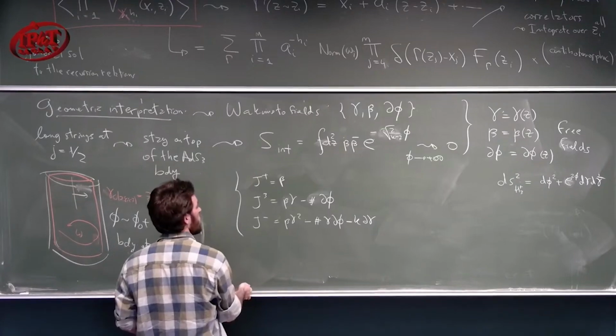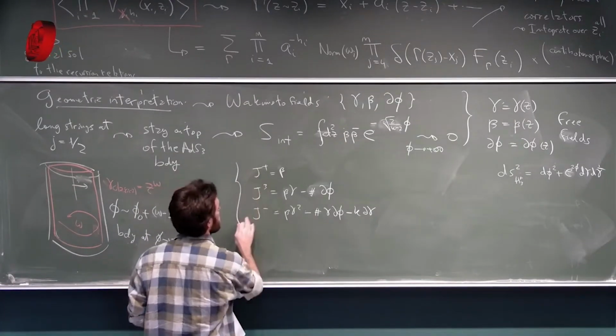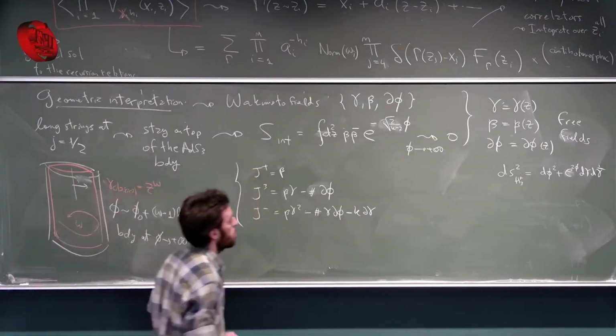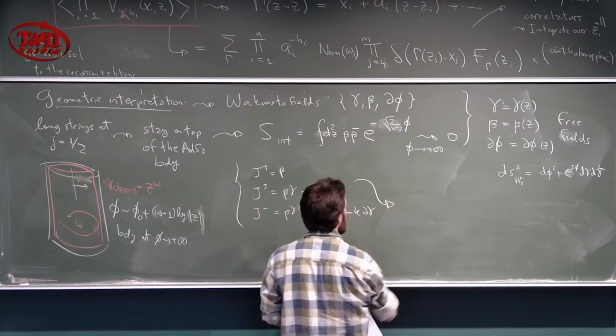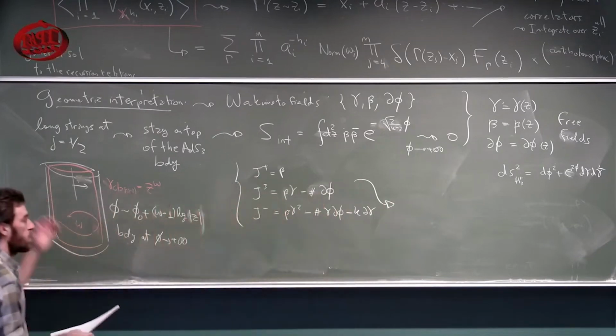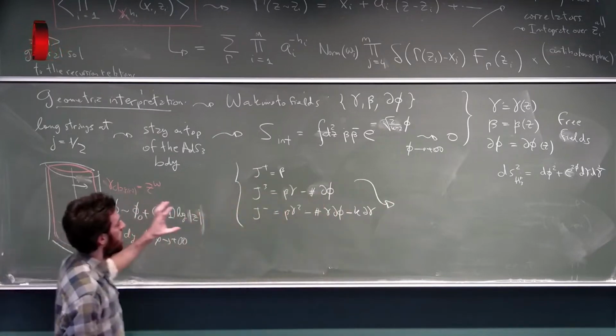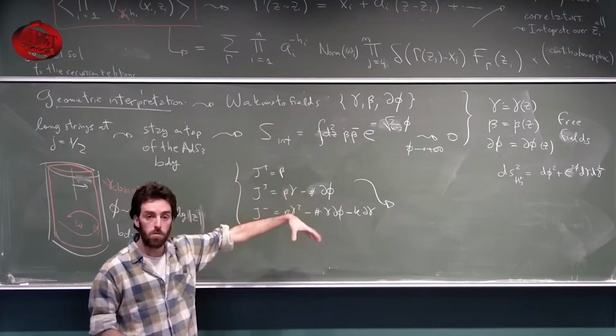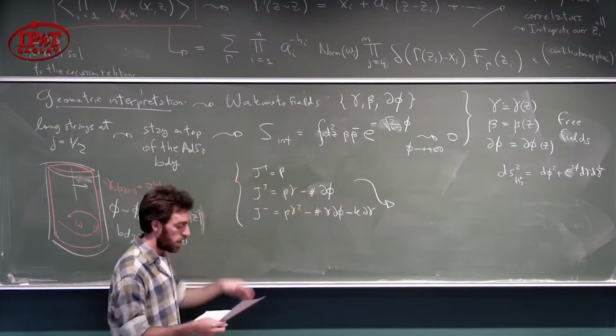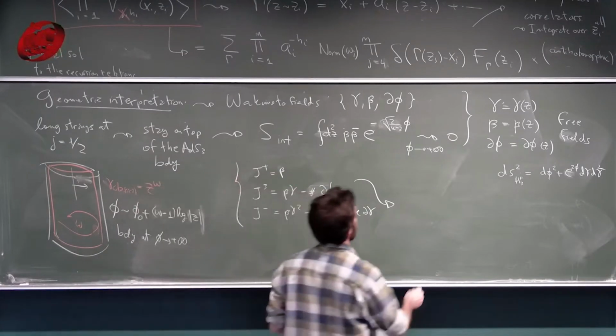Okay, so this was the free-field realization of the three currents, and something I didn't say, but which is useful now, is that the actual realization of a spectral flow transformation in these variables is like this.